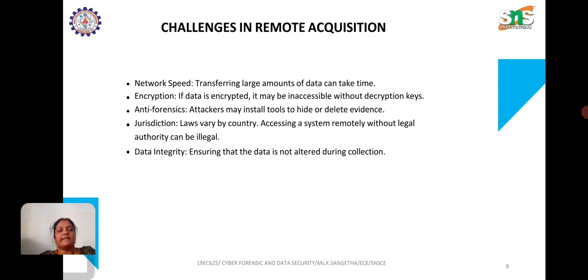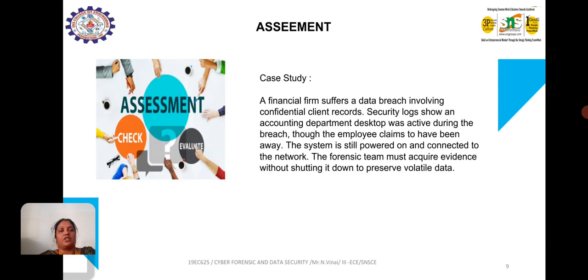Next is data integrity, which ensures that the stored data is not altered during collection. These are some challenges in remote acquisition.